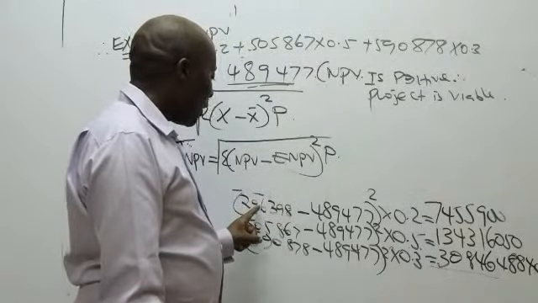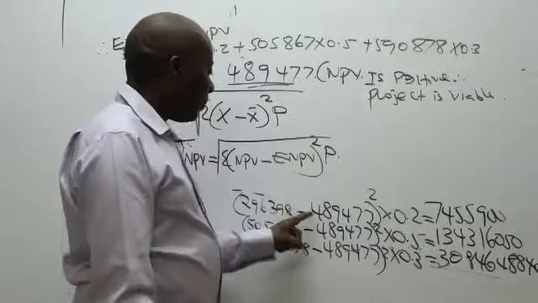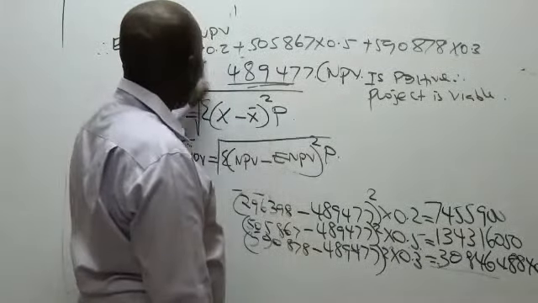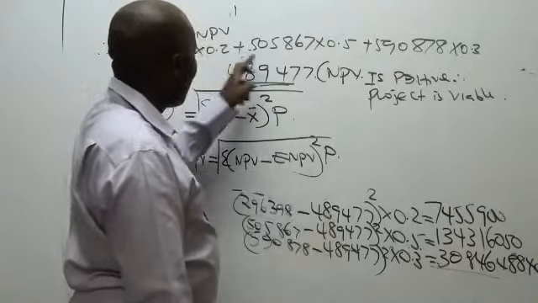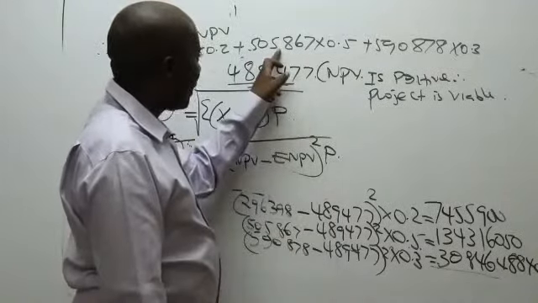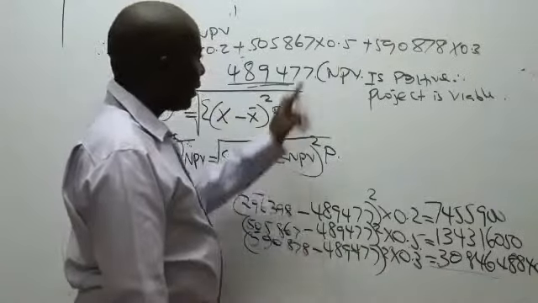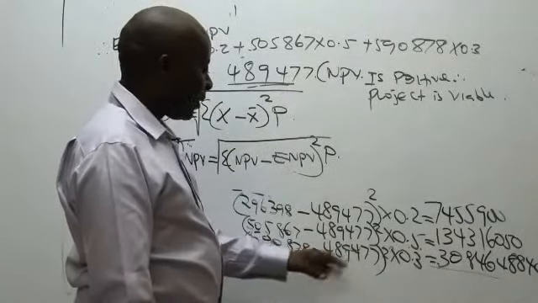Why do you not take 296,398 minus expected NPV for the first one? Second one, you put expected net present value for the second one. The third one, you put expected net present value for the third one.